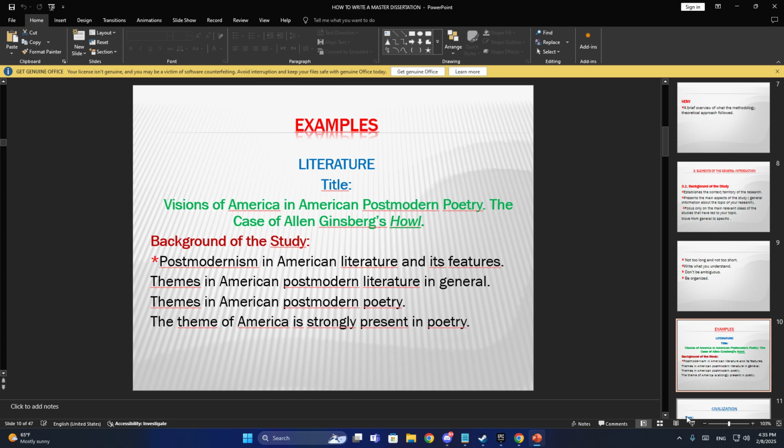this topic, I have to underline first what the keywords in this title are, because I'm going to go through these keywords to write the background of the study. So what are the keywords here? I'm going to talk about postmodernism in American literature and its features.